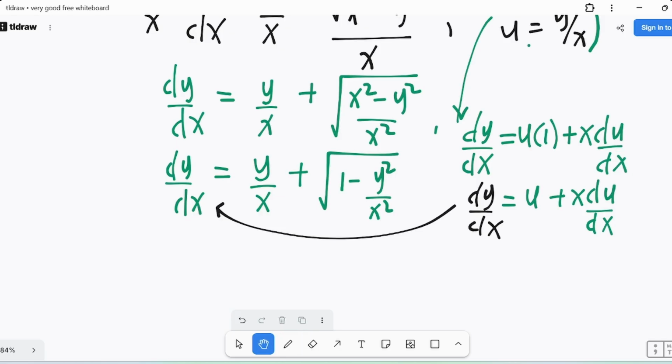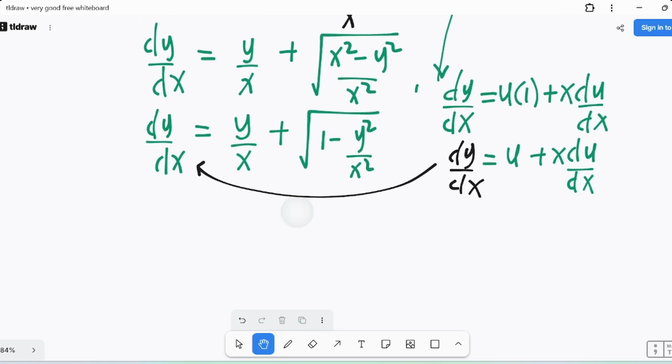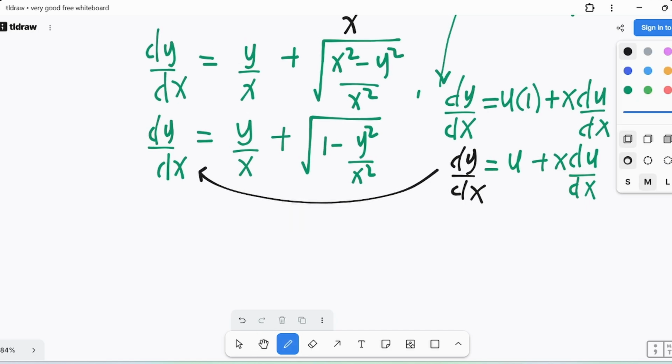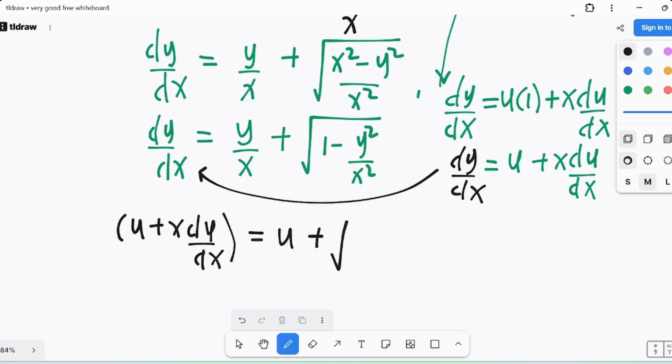So, putting it back there, we shall have u plus x du dx is equal to u plus the square root of 1 minus u square.